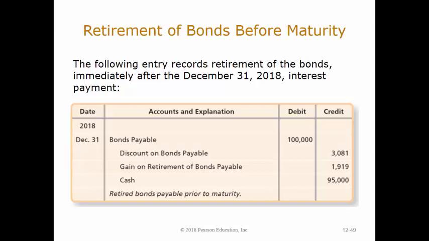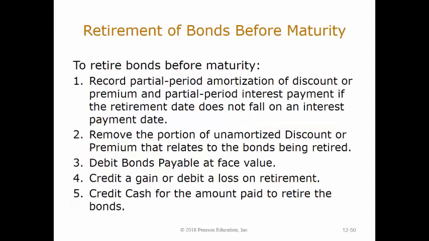If the bonds being retired have a premium rather than a discount, any existing premium is removed with a debit. If Smart Touch Learning retires only half of these bonds, it removes only half the discount or premium. To retire bonds before maturity, first you record partial period amortization of discount or premium and partial period interest payment if the retirement date does not fall on an interest payment date.